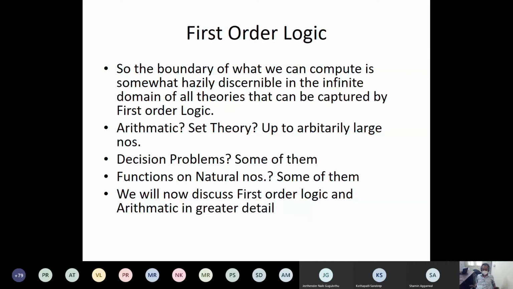So we will now discuss first order logic and arithmetic in greater detail. I think many of you know this, so the next part is going to be a little boring for you, because this is all very simple, but we are refreshing it here because this is going to be used all the time.